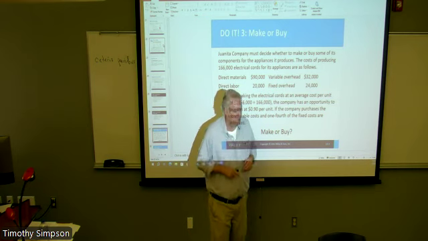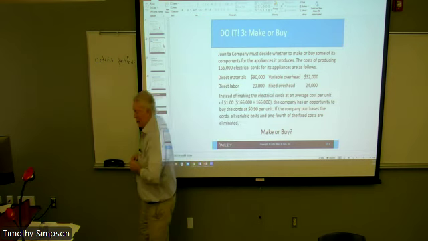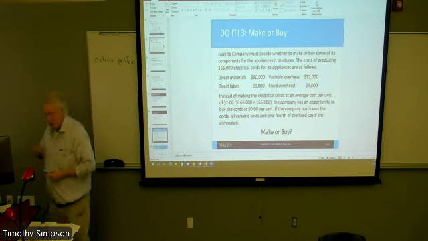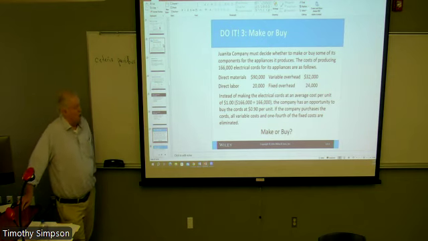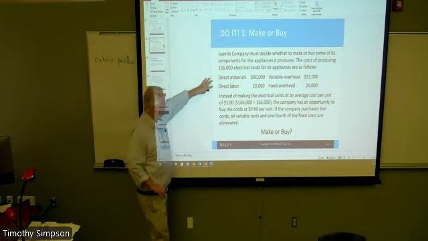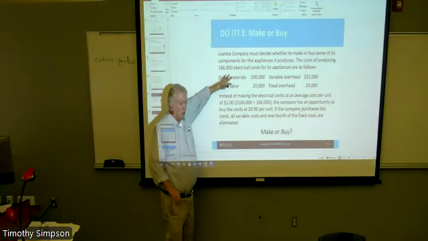And let's talk a bit about this, because I think we mentioned this a bit on Monday. Up to this point, we talked about overhead as being sort of a grab bag, a junk drawer, whatever you want to call it, of all the costs which are difficult to categorize. They are part of the product cost, but they're difficult to assign to individual units.